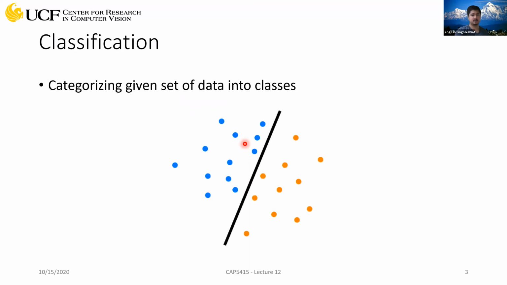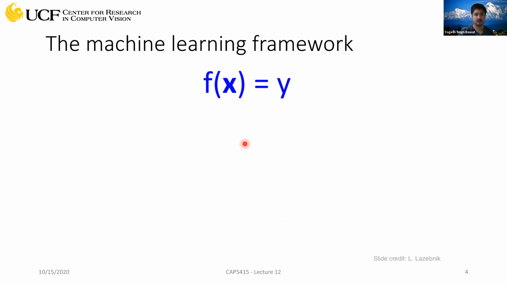Now, classification, we have covered this. It's just like trying to separate different data points into different categories. Even with SVM, we saw that we need some kind of machine learning framework which we can represent as a function which will take your data points and categorize that data point.